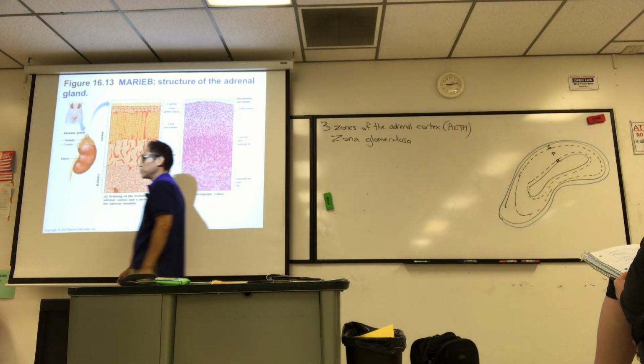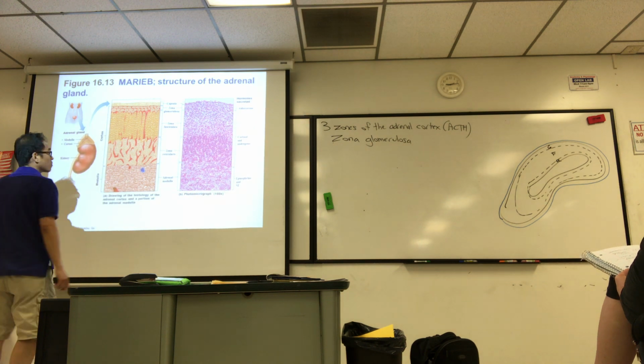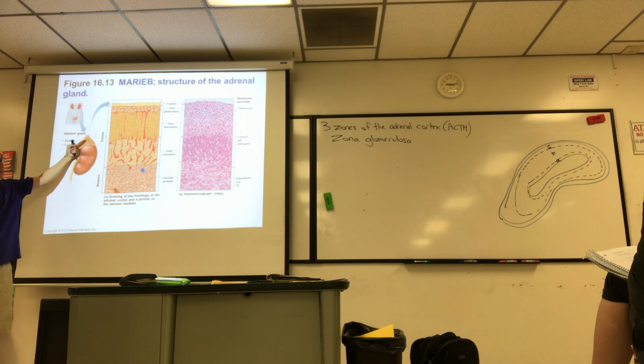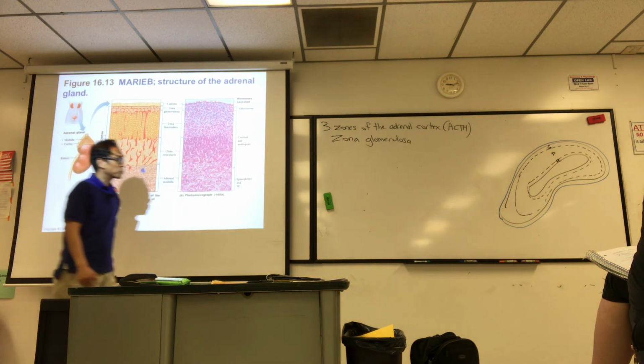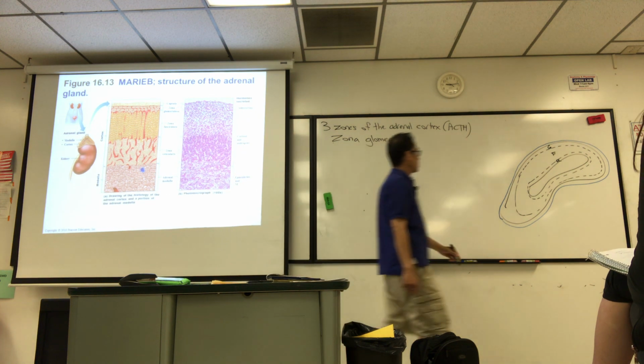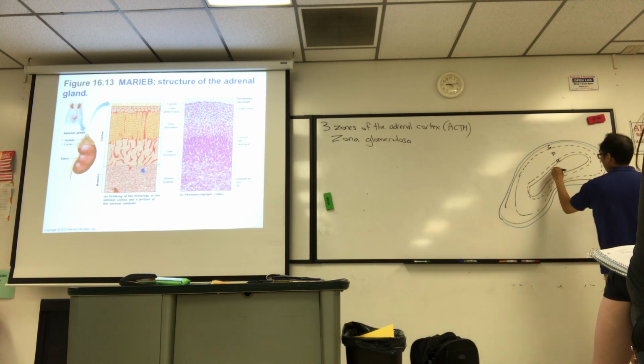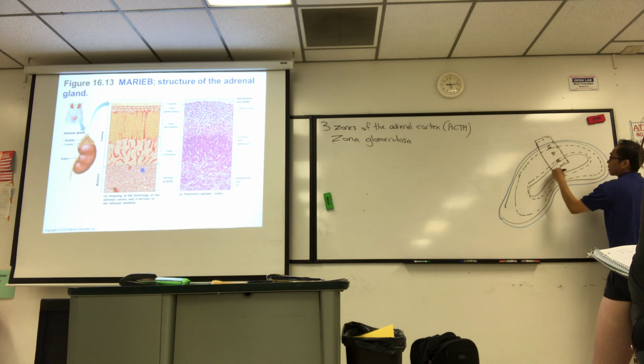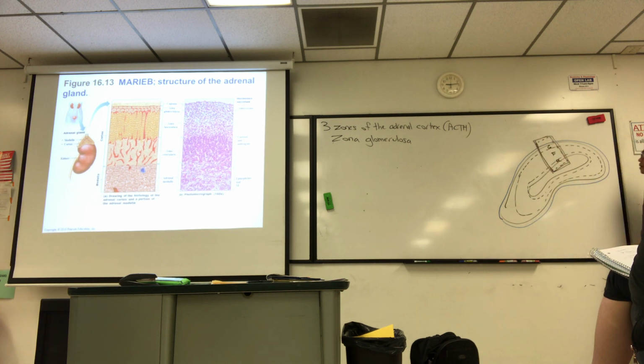Let me go to the next slide to show you this. So what you're looking at here is a small section of cortex, like on my picture here. If you only look at this, you get that figure.